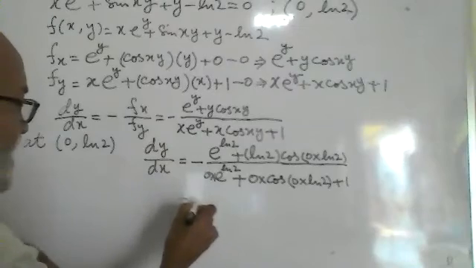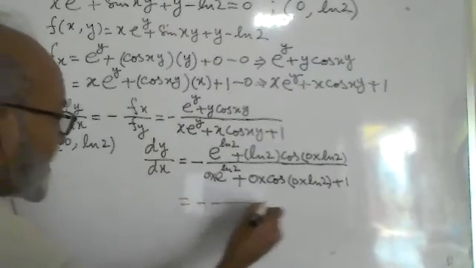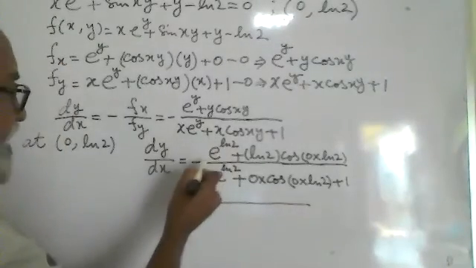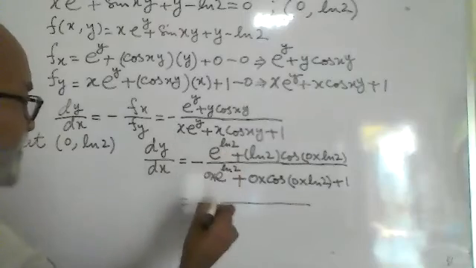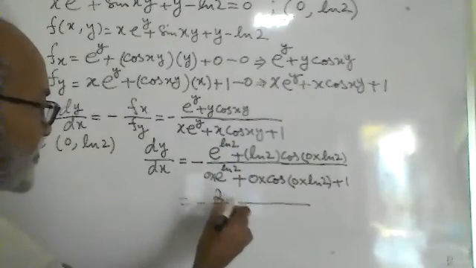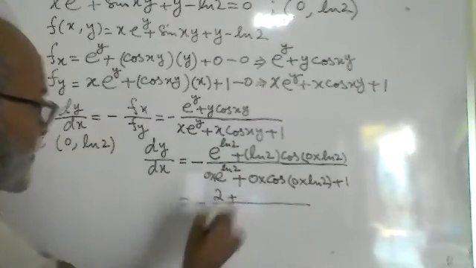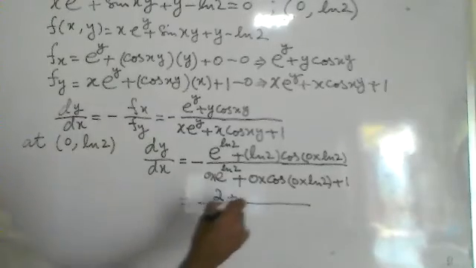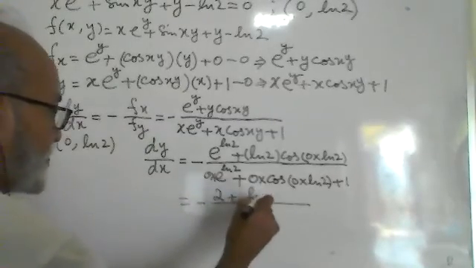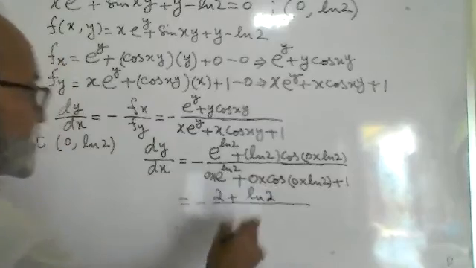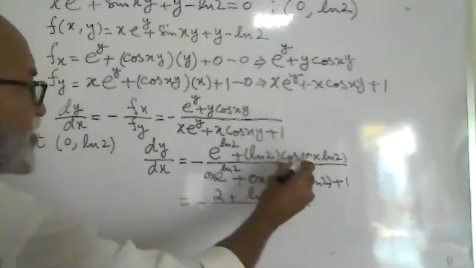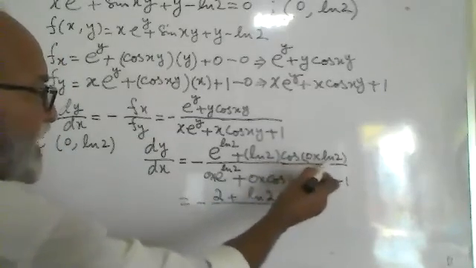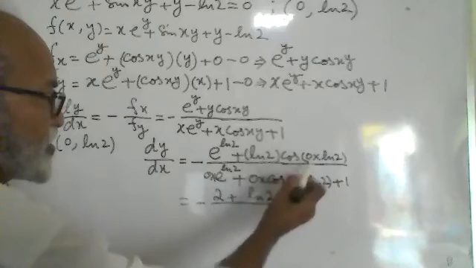It will become minus, ln and e are cancelled out, only 2 is left, plus ln2 into cos of 0 into ln2. 0 into ln2 will be 0, so cos 0 is 1.